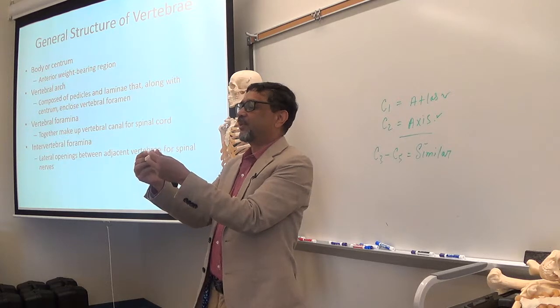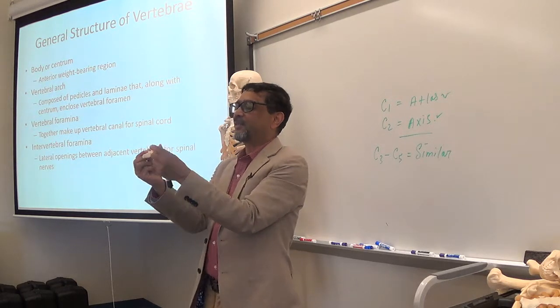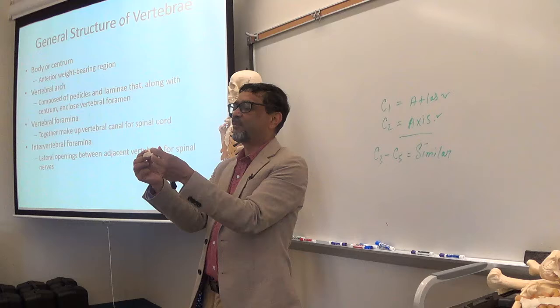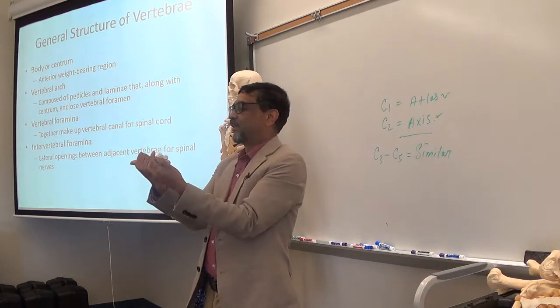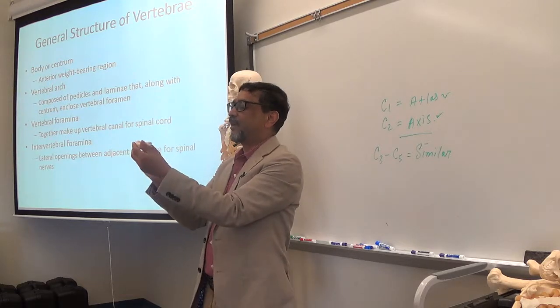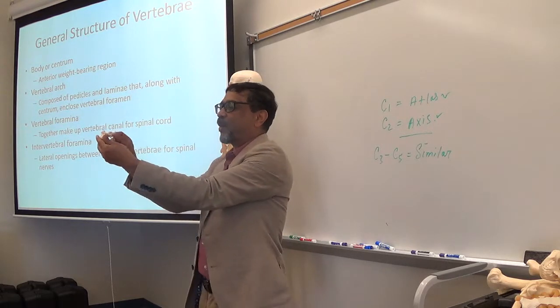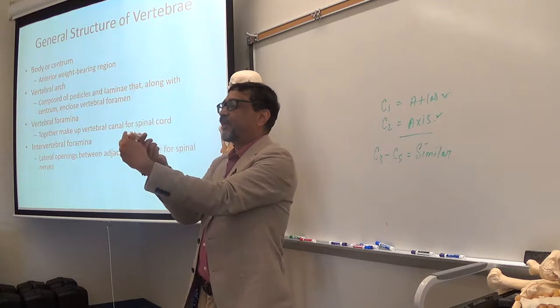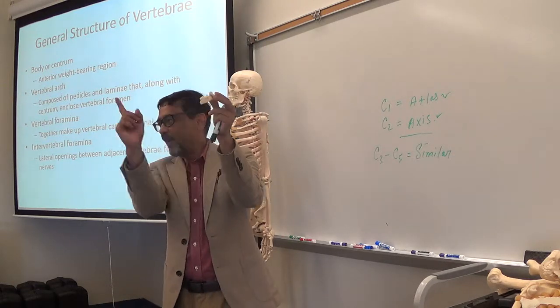Now the arch has a number of structures going in different directions. These two are going like this. These are called transverse processes, okay? So 2. One is going backwards, this one. This is called the spinous process, 1, okay?